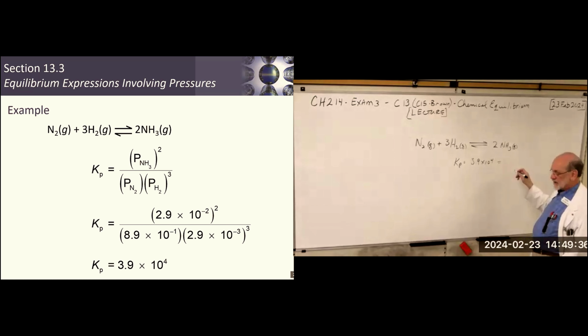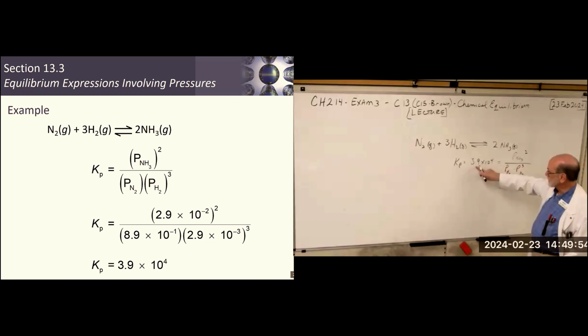If we break it out and say partial pressure of ammonia to the second power divided by partial pressure of nitrogen to the first power times partial pressure of hydrogen to the third power, what does that mean?